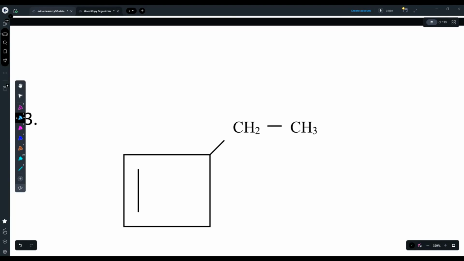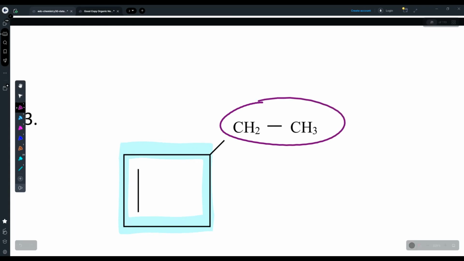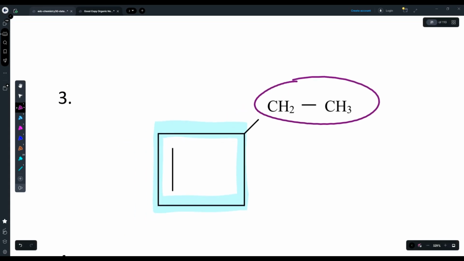With this next one here, I'm just going to highlight the parent chain. There's our branch. With numbering our carbons, obviously we want our double bond to start at carbon 1, but we also want to make sure that the branch gets the lowest number possible as well.